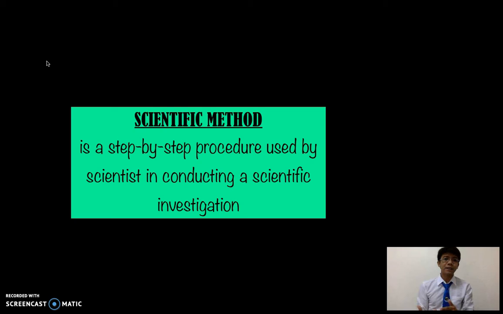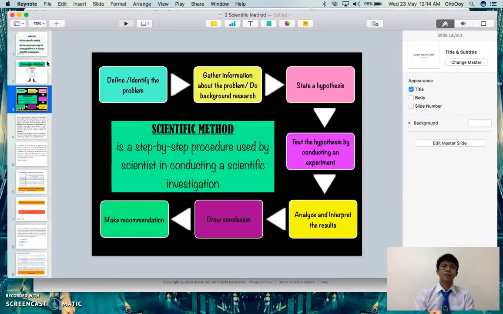So scientists consider these step-by-step procedures as an important guide for them to get a scientific result that is reliable, okay, or that would verify an existing scientific idea.